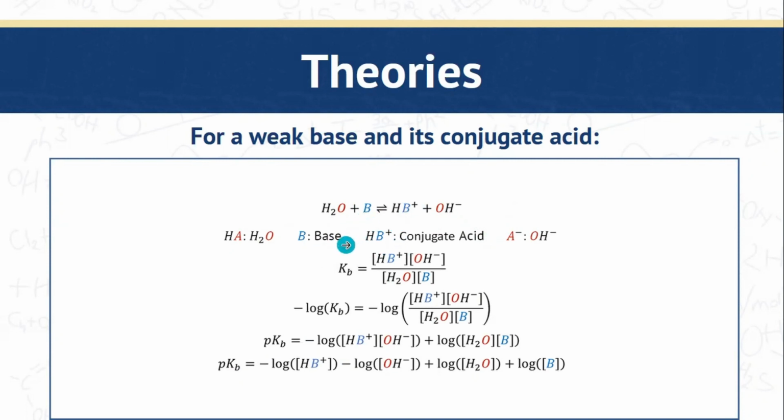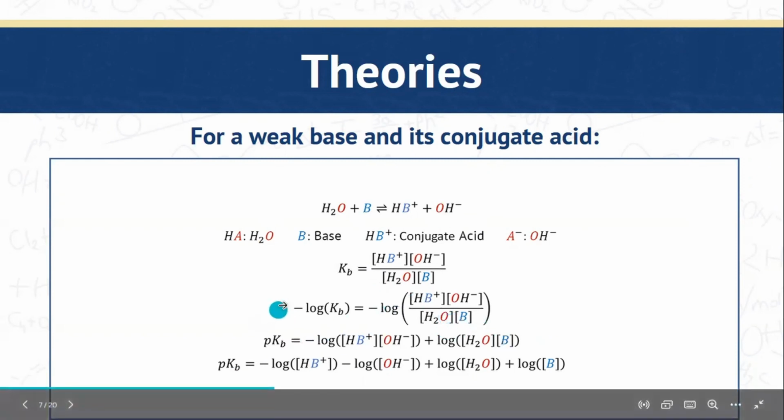And moreover, the base accepts the given off proton. We use the dissociation constant definition. Since we're dealing with a base, we must know the dissociation constant of the base, Kb. Similar to what we did for the weak acid, we get the negative log and we simplify the terms. We define negative log Kb as pKb.